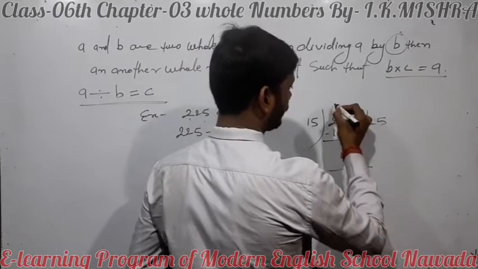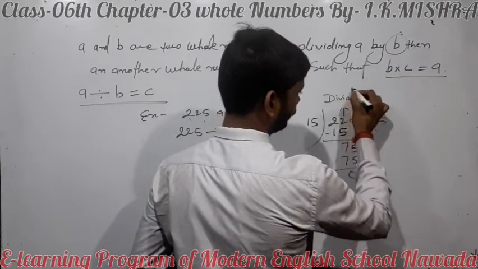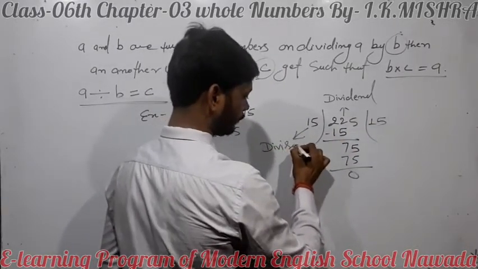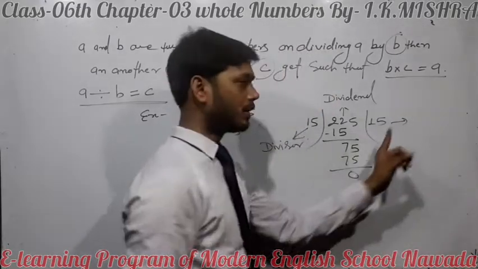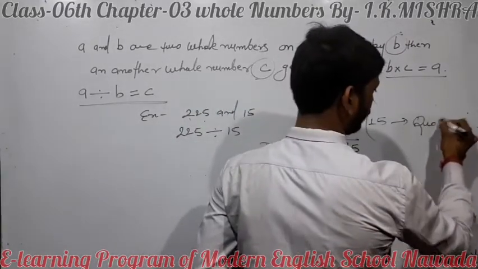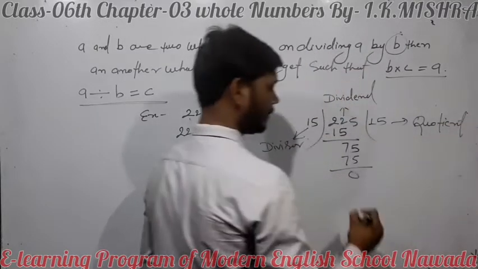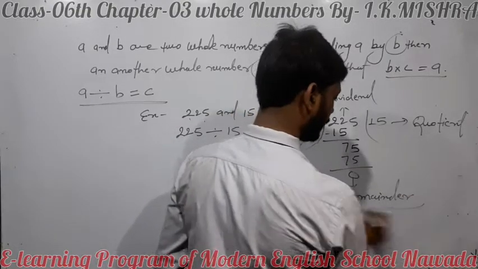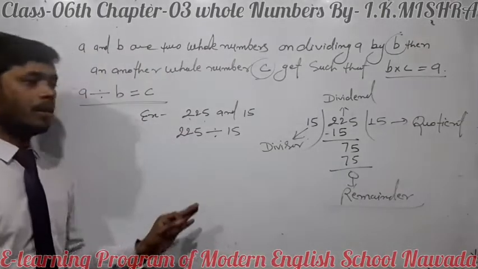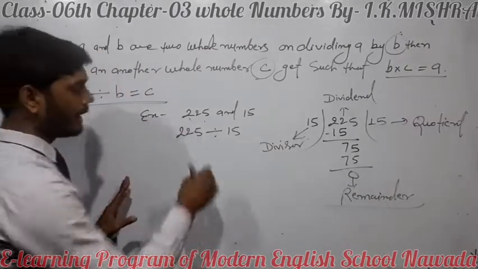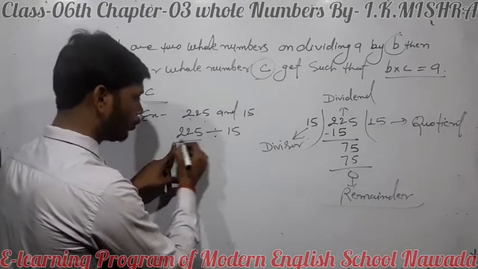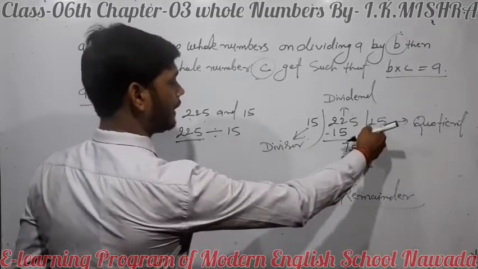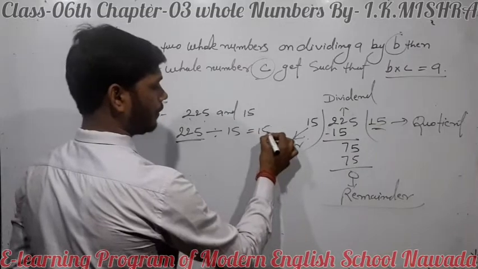This part is known as the dividend, this is known as the divisor, this is known as the quotient, and here the remainder. Hence, when 225 is divided by 15, we get another number 15.